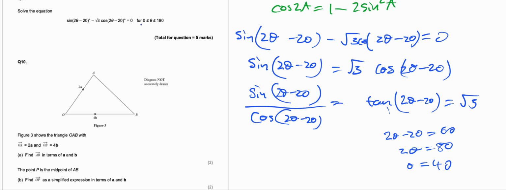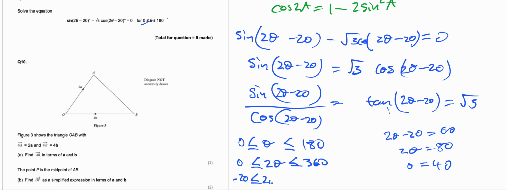So from 0 to, let's have a look at this. So we have 0 to 180 for theta. We want to do 2 theta. So first we're going to double. And then we're going to minus 20. So we're looking for answers between minus 20 and 340.